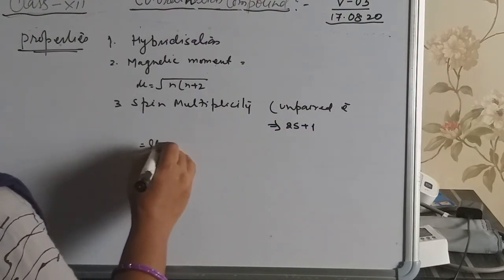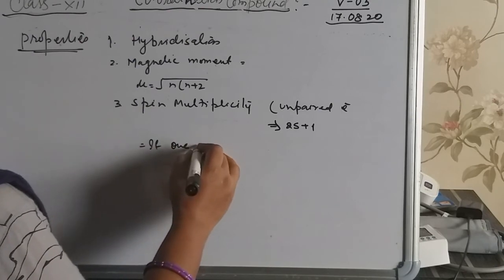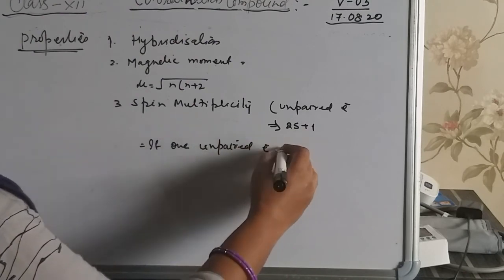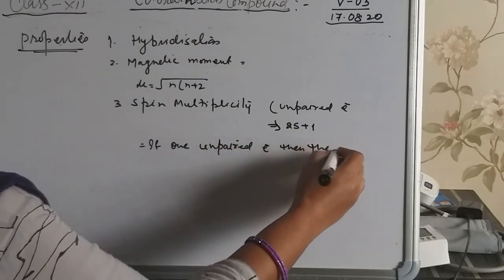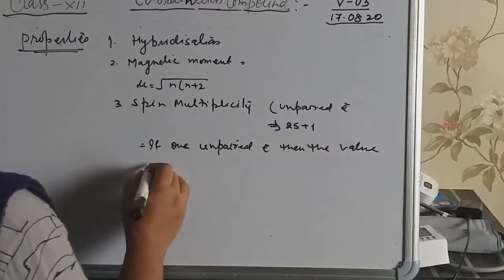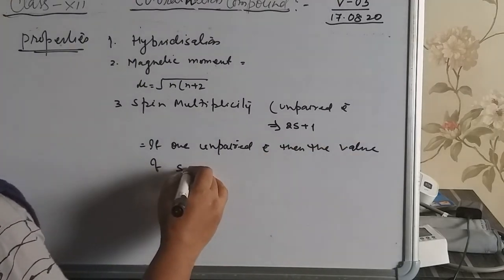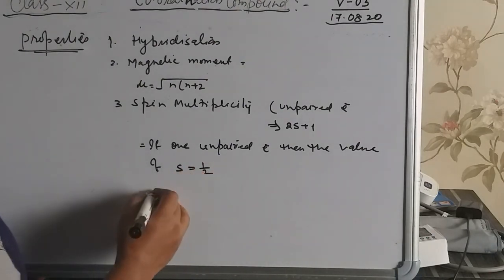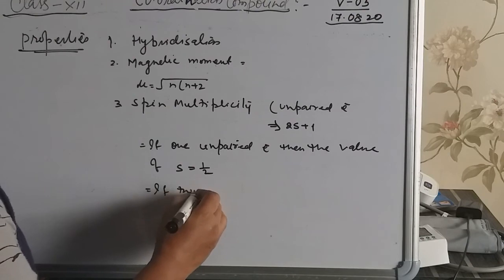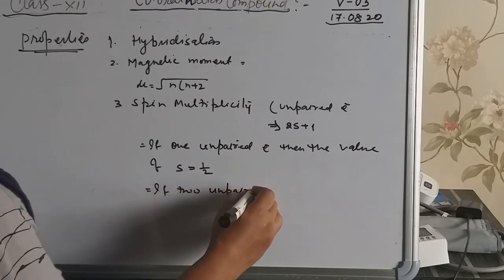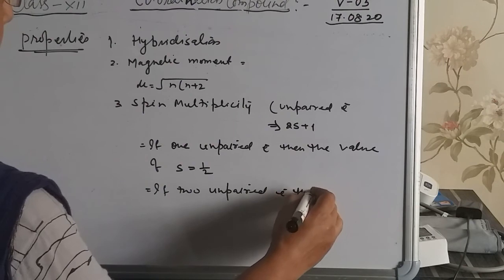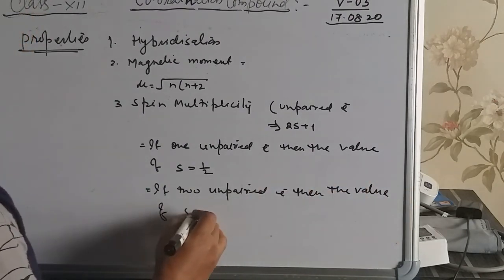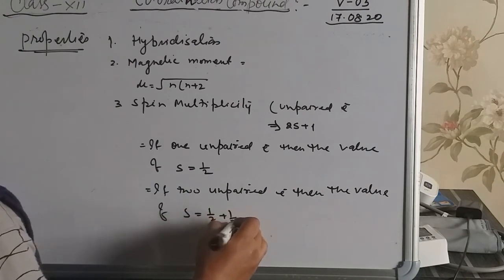If two unpaired electrons, then the value of S is half plus half, means 1.